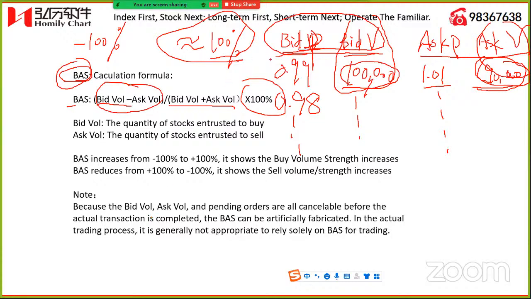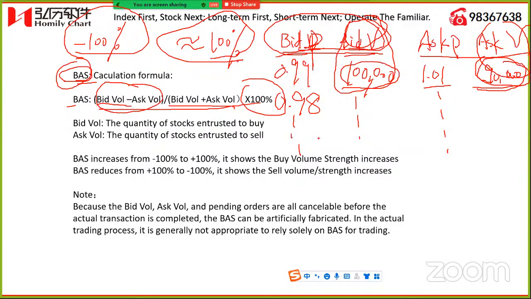Contrastly, if the bid volume is very little and the ask volume is huge, with a lot of asking volume waiting to be filled, then based on this formula the bias will be near minus 100%.